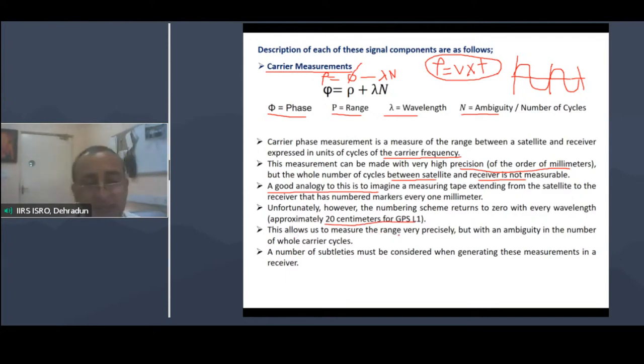This allows us to measure the range very precisely, but with ambiguity in the number of whole carrier cycles, and we have to read up to the fraction part. The number of cycles must be considered when generating these measurements in a receiver.